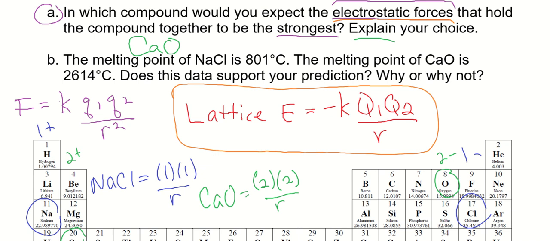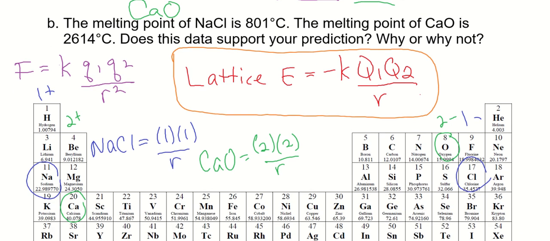The actual charge was discovered by Robert Millikan. If you recall the oil drop experiment, it goes like 1.602 times 10 to the -19 coulombs. But we're not doing any calculations, so we don't need those specific values. Let's move on.